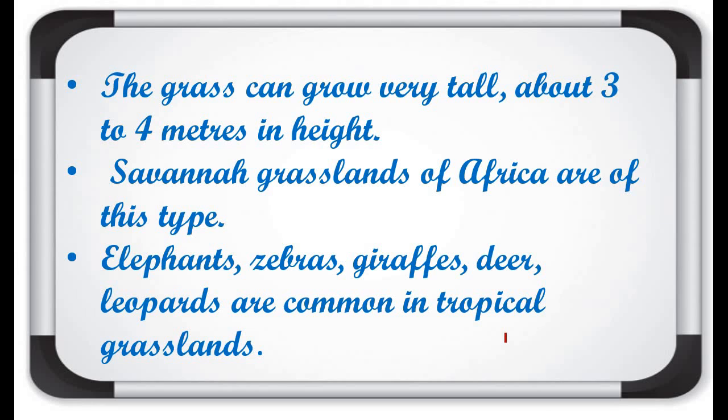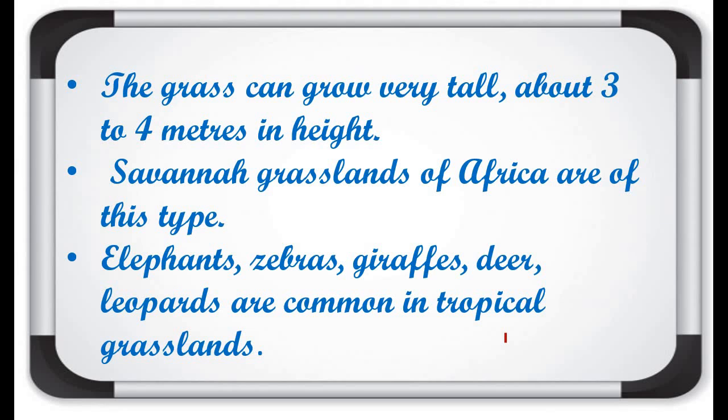In India these tropical grasslands are found in the Deccan Plateau. And which animals are found there? This region is rich in wildlife such as elephants, zebras, giraffes, deer, and leopards.